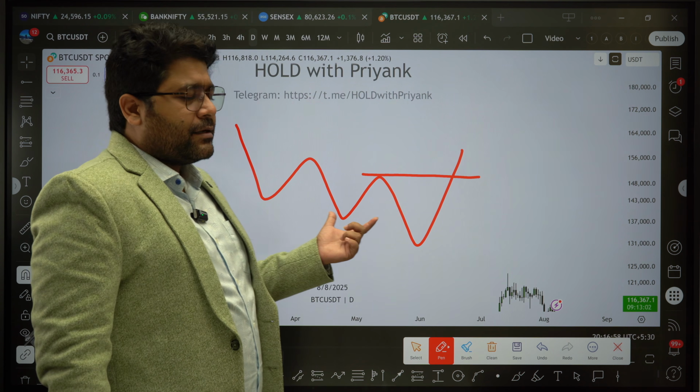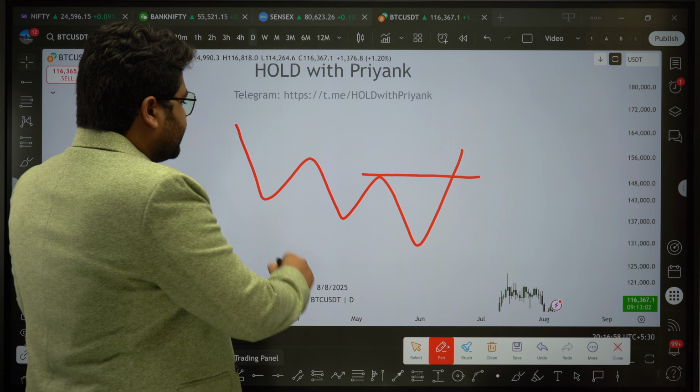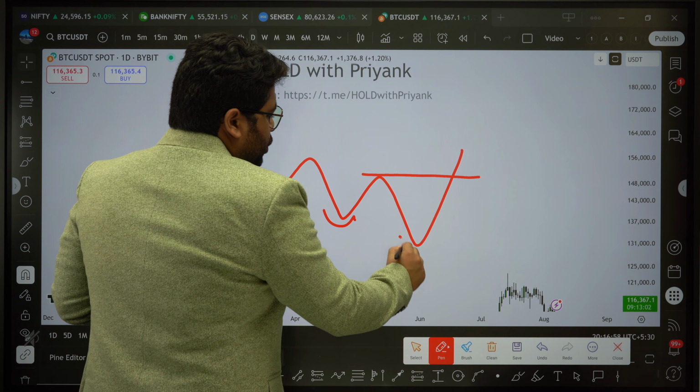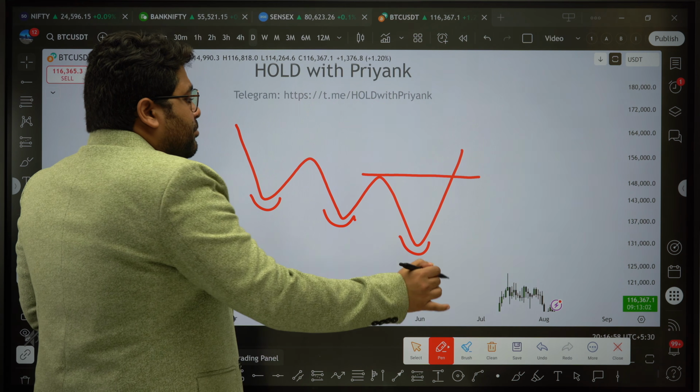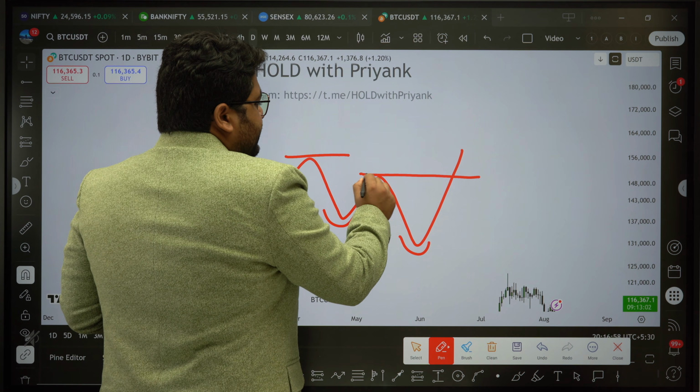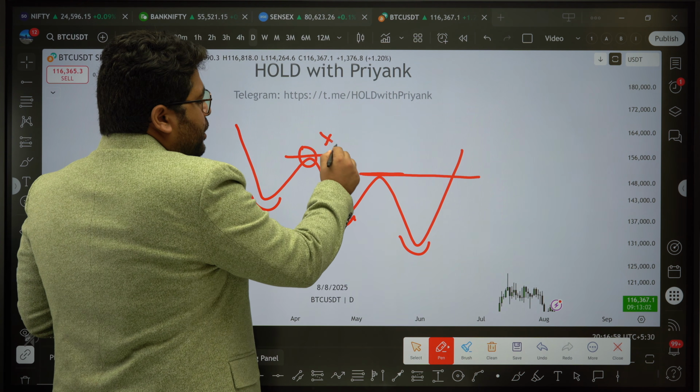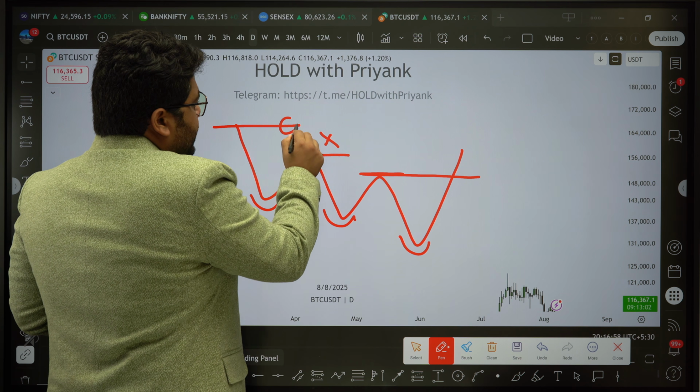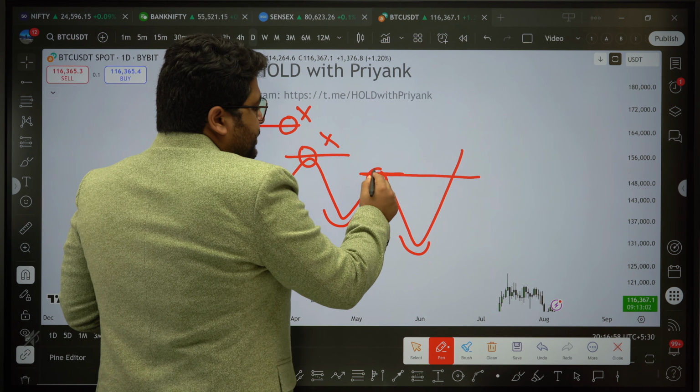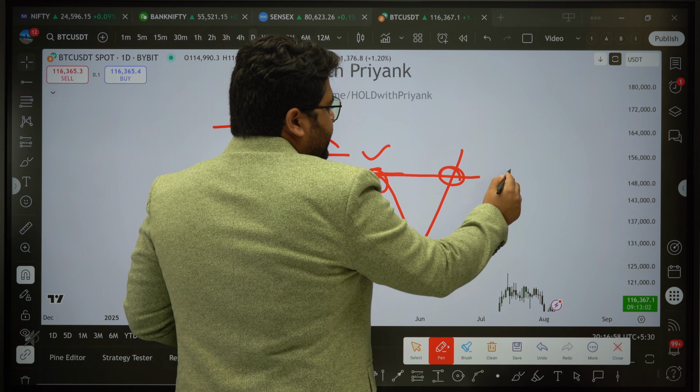With this pattern, the most important part is when price is making lower lows, there must not be any break of a previous high. The price has not broken any previous high yet. Price breaks your high here, and that's where your entry triggers.